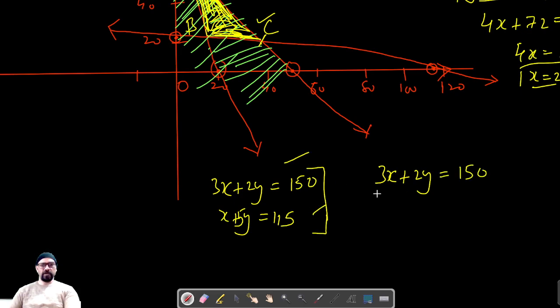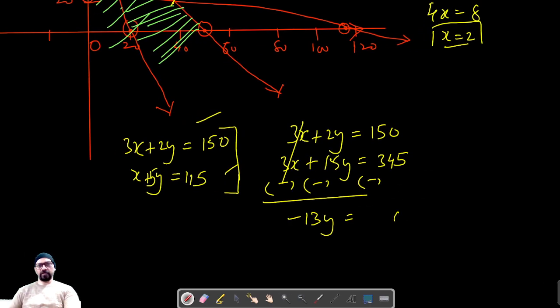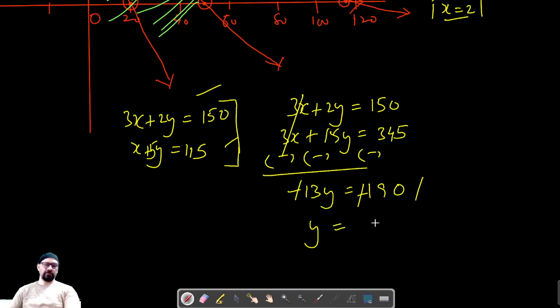I'm going to solve these two by the elimination method. So this is 3x plus 15y is equal to 345. Subtracting them gives minus 13y is equal to minus 195, this gets cancelled.